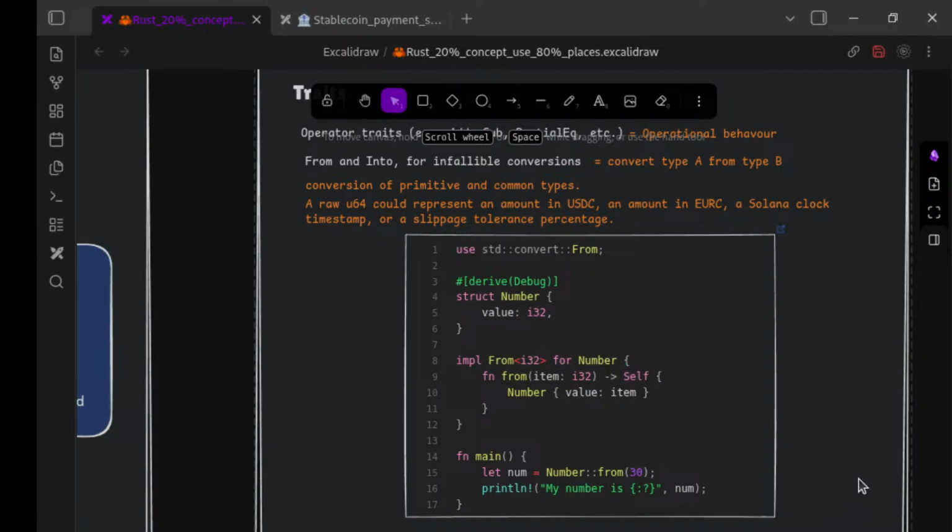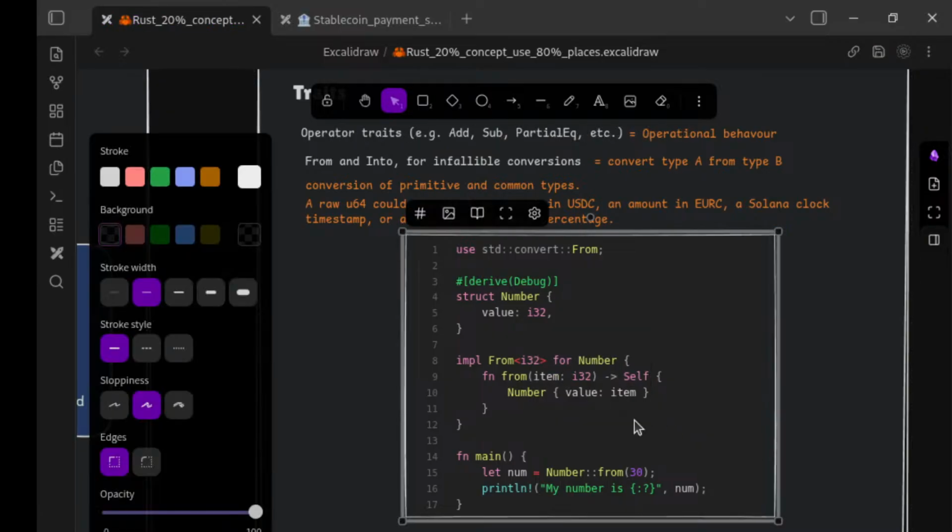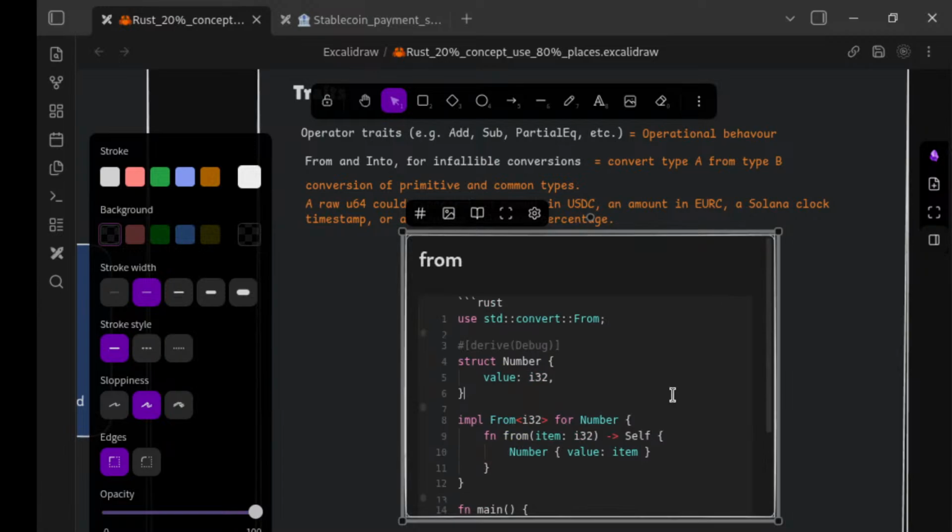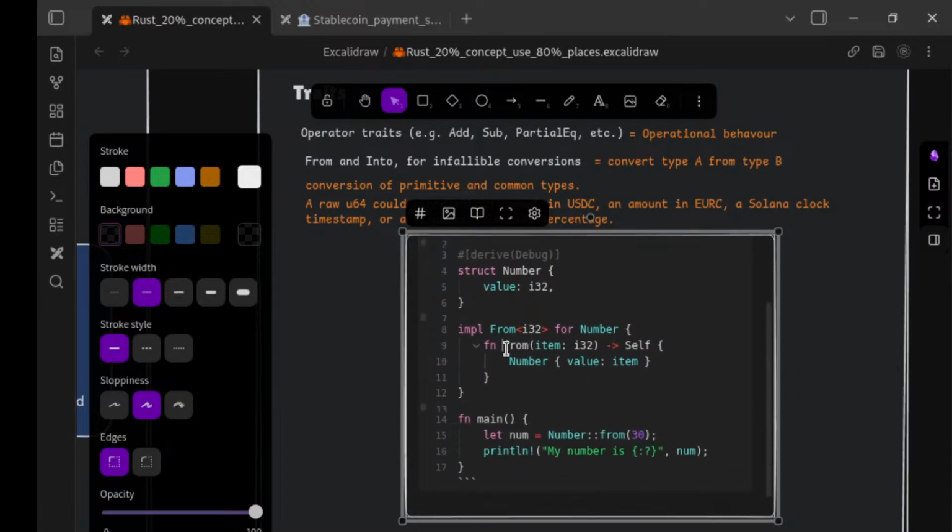We use this method, from. This is the from method, and self, the number value item.